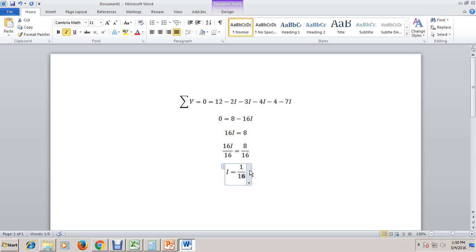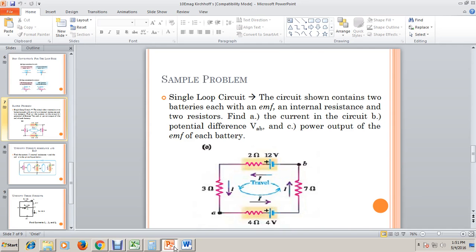So this becomes 1 over 2 amperes, or in decimal form, 0.5 amperes. Therefore, we have already computed the current that is flowing around our circuit, which has the value 0.5 amperes.